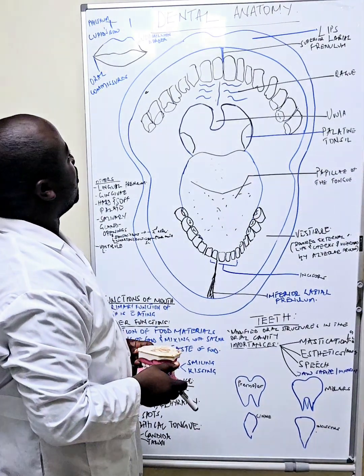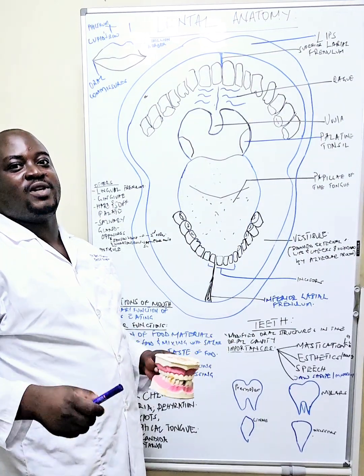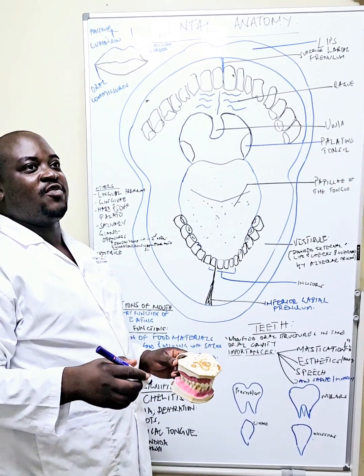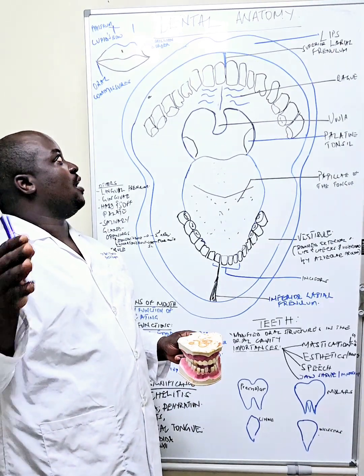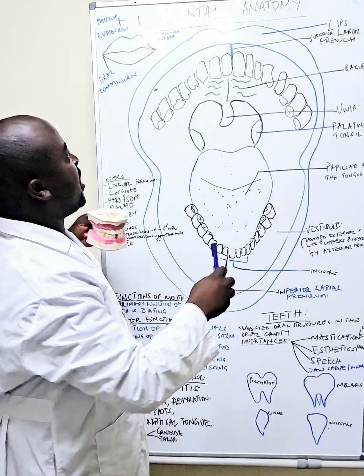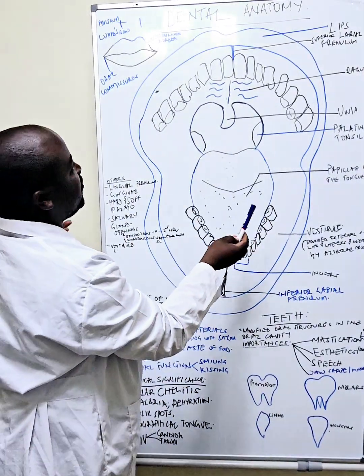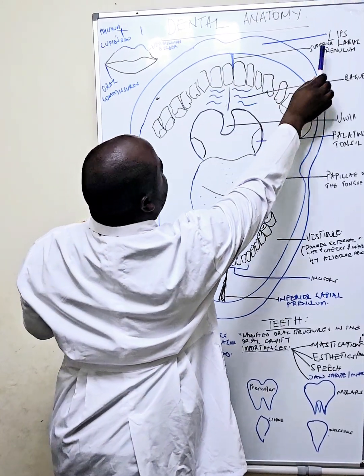We have what we call the frenulum. The frenulum is a line of foldings. We can have a line of foldings that attach the lips in the oral cavity. We have the upper frenulum, or superior labial frenulum.